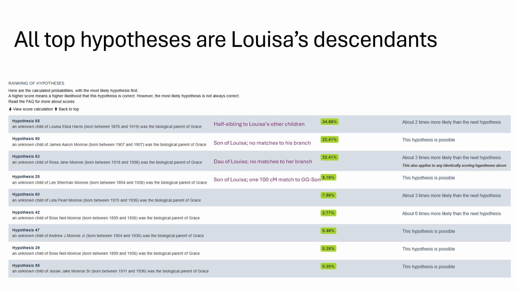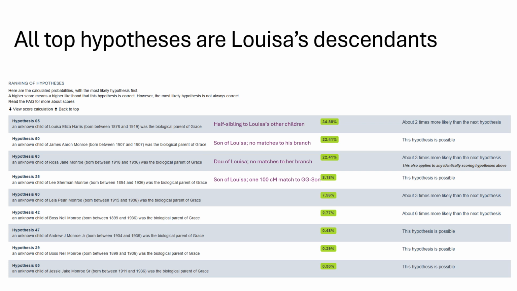And then hypothesis 63 is also 22% likely, and this is that an unknown child of Rosa Monroe was the biological parent of Grace. And Rosa is another child of Louisa, and there are no DNA matches to Grace on her branch. So I could do more testing there. And then hypothesis 25 is a little bit less likely.